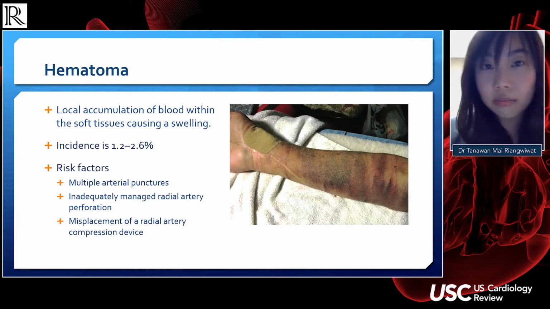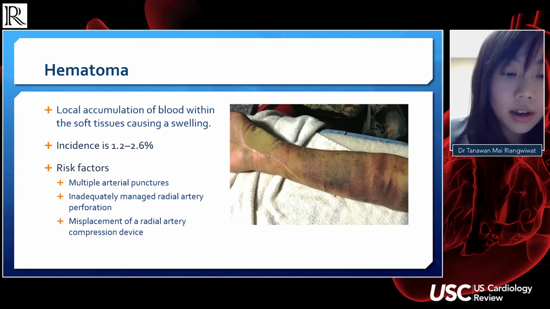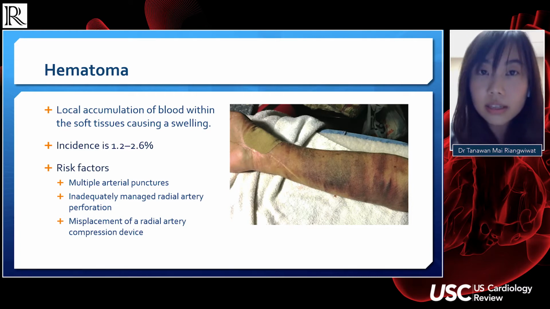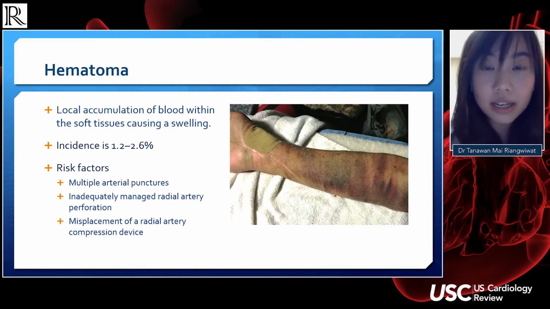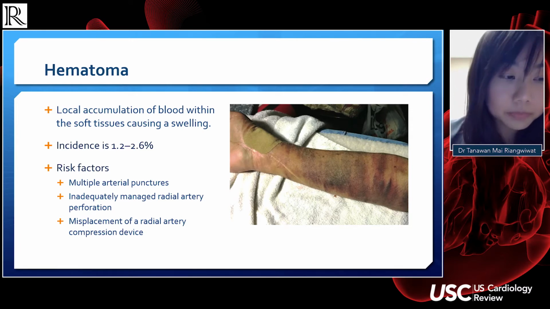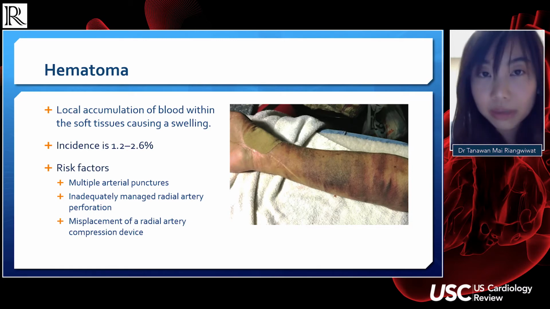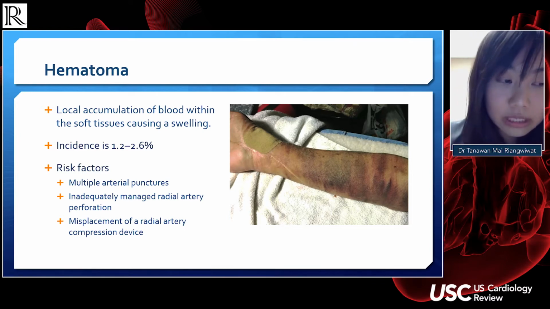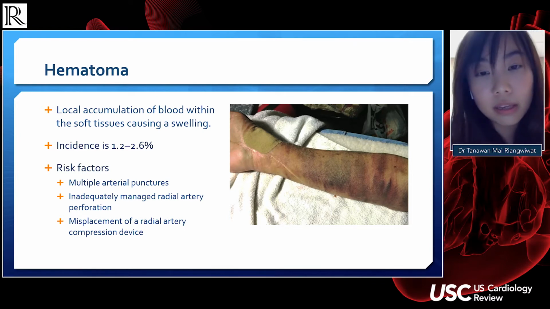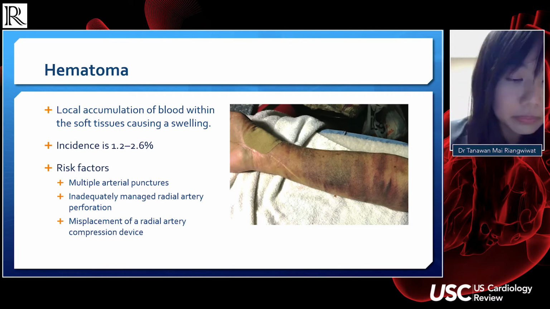Then the next one is hematoma. We're pretty familiar with this complication. The incidence of hematoma for transradial access is 1.2 to 2.6%, which is actually about 60% lower than transfemoral access. The risk factors are multiple artery punctures, inadequate management of radial artery perforations, and misplacement of the compression device.